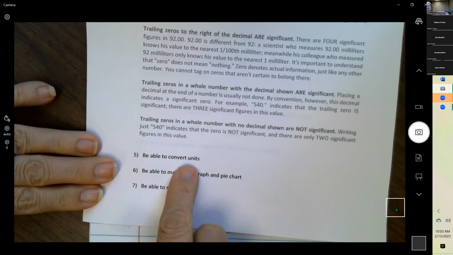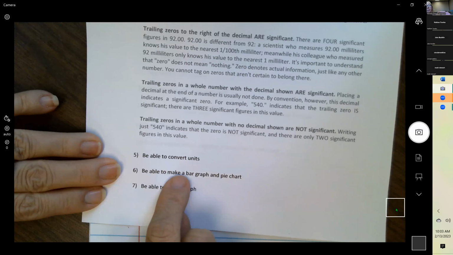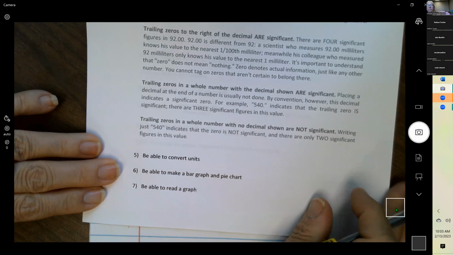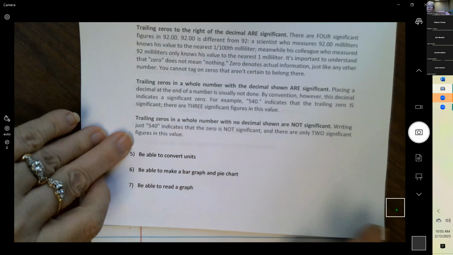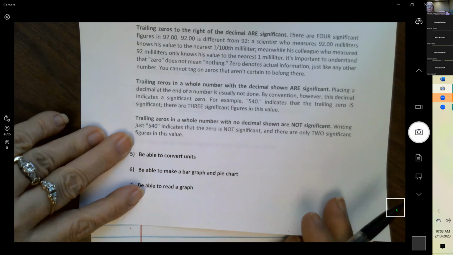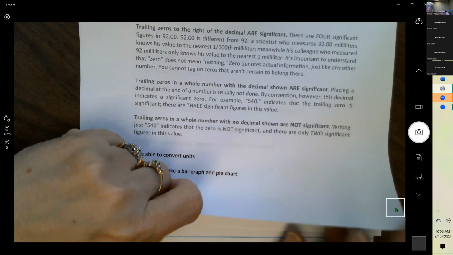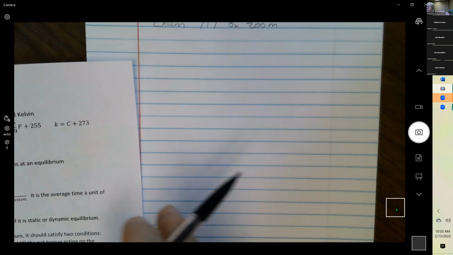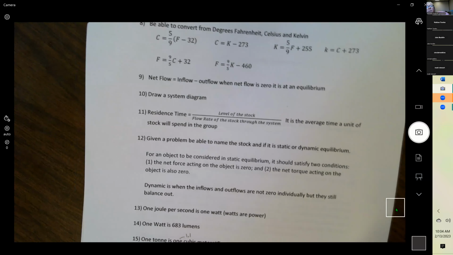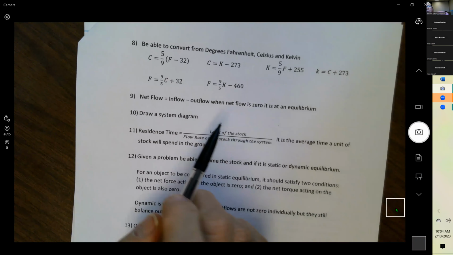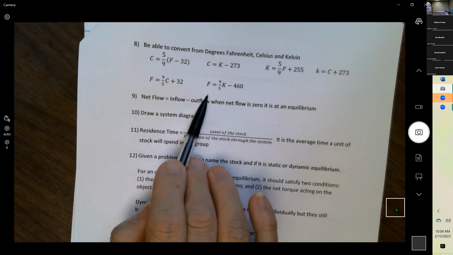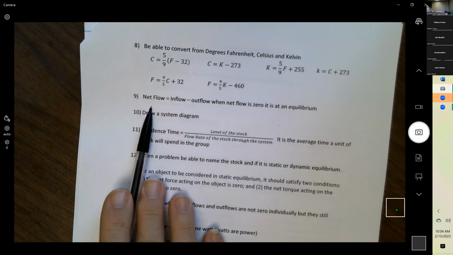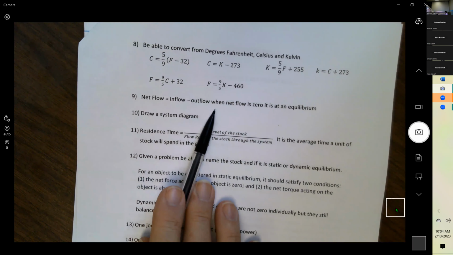Convert unit parts. I don't know if there's a note you want to put about bar graph and pie chart. You'll have to graph, I don't know if it'll be both or at least one of them, and read one. Conversions for Celsius, Kelvin, and Fahrenheit. Net flow is inflow minus outflow.